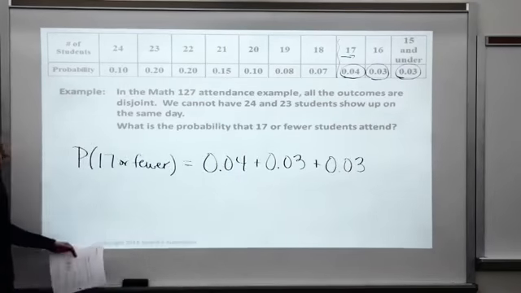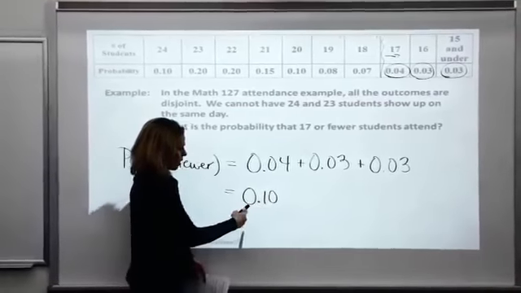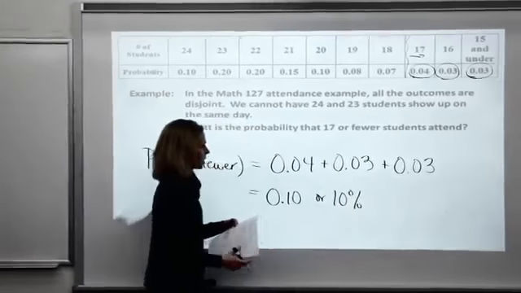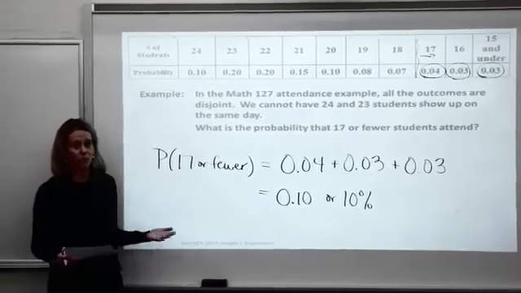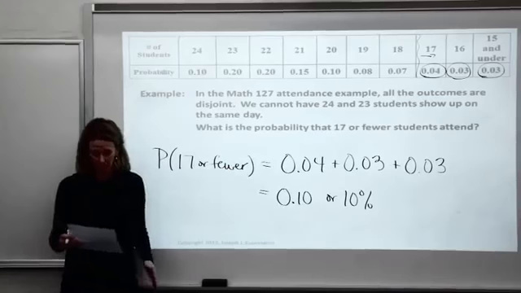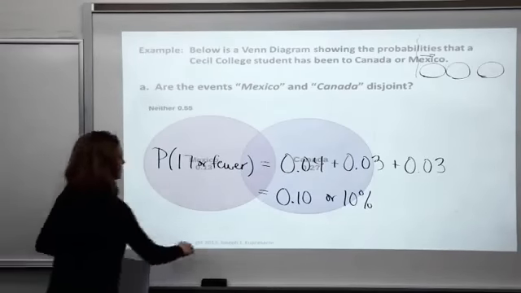And so the likelihood of 17 or fewer students being in attendance is 0.10 or 10%. Again, we just simply summed up those three events because those events were disjoint or mutually exclusive. They can't happen at the same time.